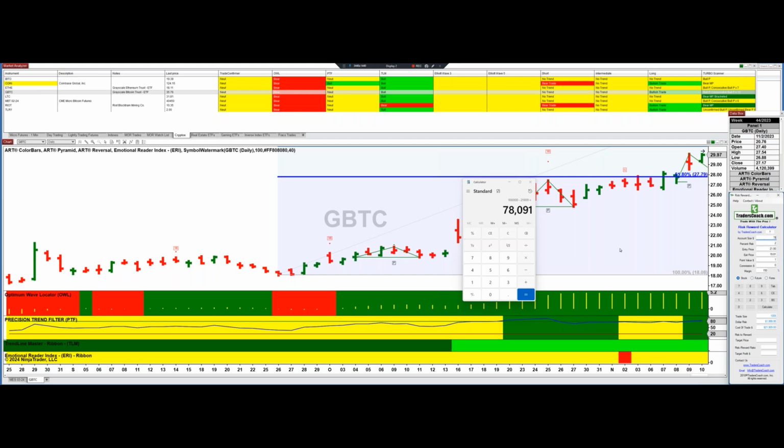Does that make sense? So technically, the 2% needs to be 2% of 78,091, not 100,000, on the second trade because we have an active trade. And even if I was going to trade another market, I'd still have to use 78,000 because that's all I have in a cash account.